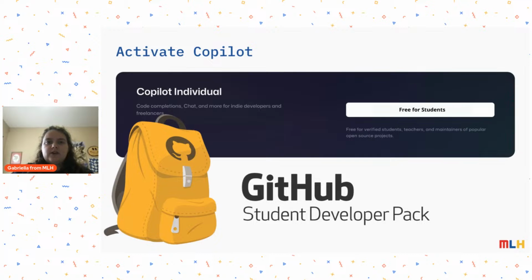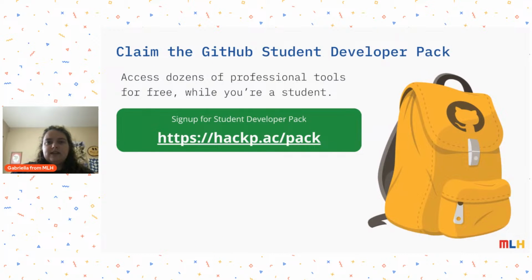In order to get the GitHub Student Developer Pack, you'll need to go to this specific link. If you already have the Student Developer Pack, getting access to Copilot is really easy. As long as it's attached to your account, you should be able to download the Copilot extension and have access to it very quickly.